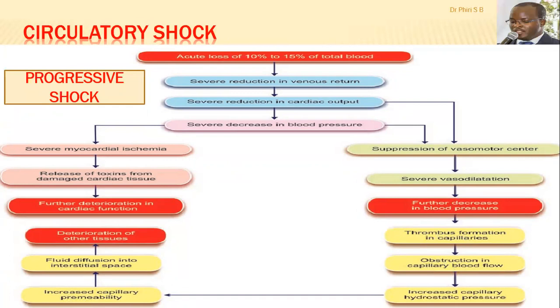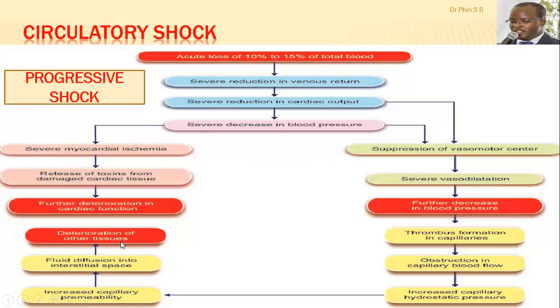Once you have obstruction, there's going to be an increase in capillary hydrostatic pressure because blood is not moving. The accumulation of blood within the capillaries will result in an increase in capillary hydrostatic pressure. Then you start losing plasma into the interstitial. That will result in fluid diffusion into the interstitial spaces, and then you have deterioration of other tissues.